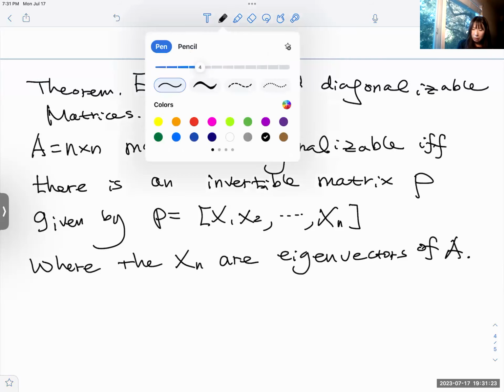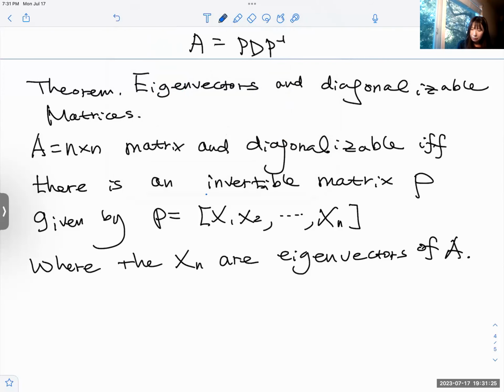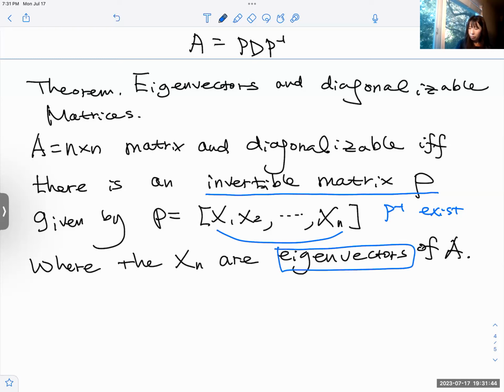Now let me write down: if we have an invertible matrix P, right? That means the inverse exists, right? Okay, so these are eigenvectors. All right. So let us do this.